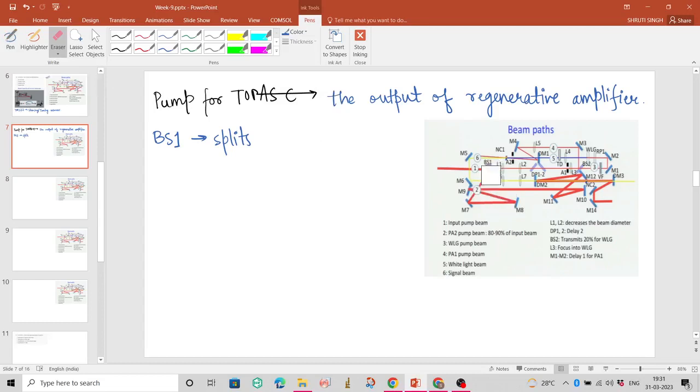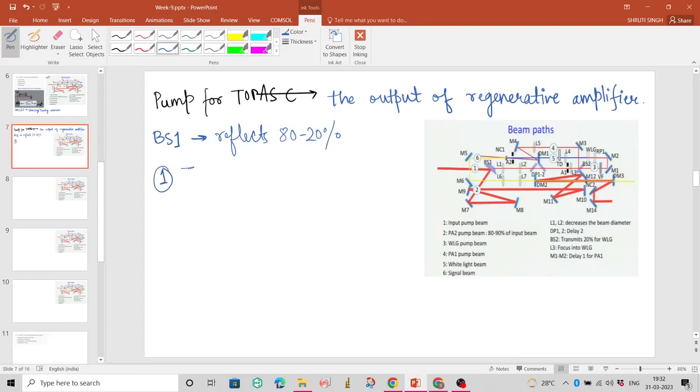So 80% light is reflected. We write here, reflects 80 to 20%. So the most amount of light is reflected in this path, the second path. We are discussing now the first, the beam marked as 1, this one.